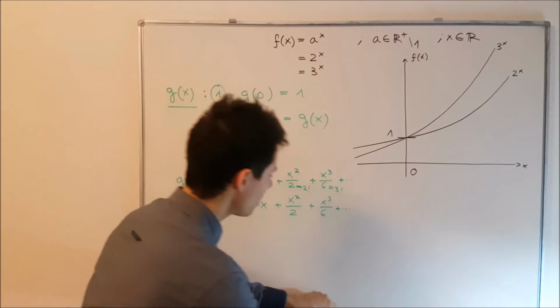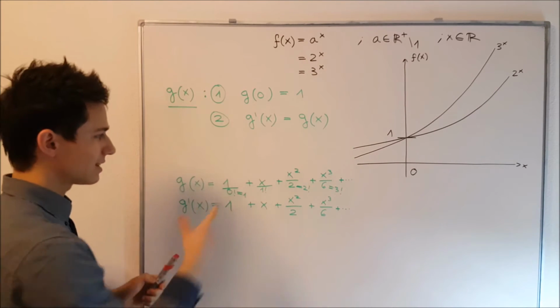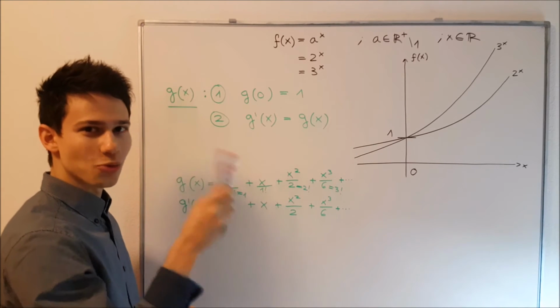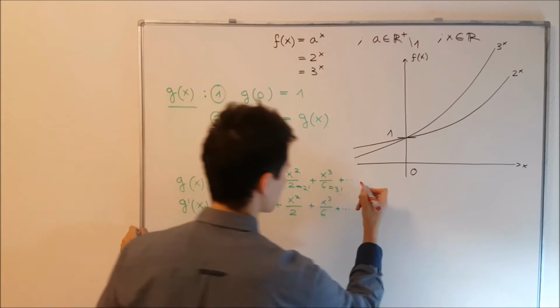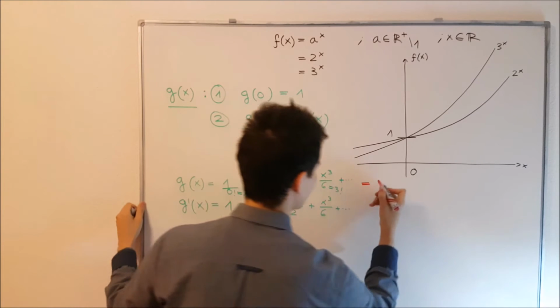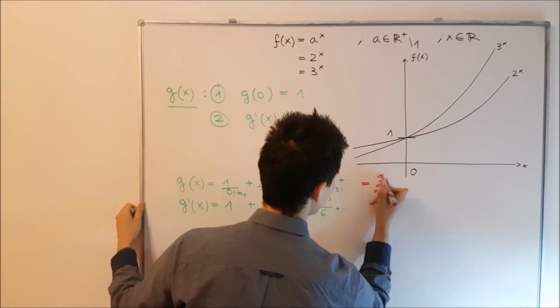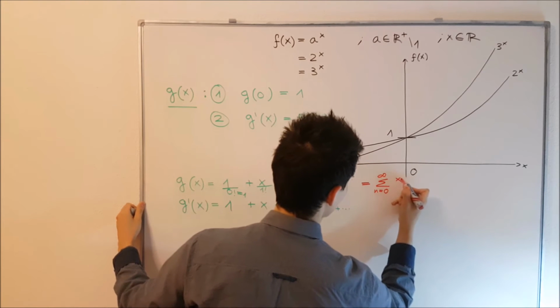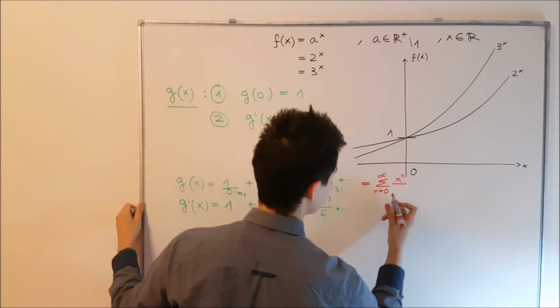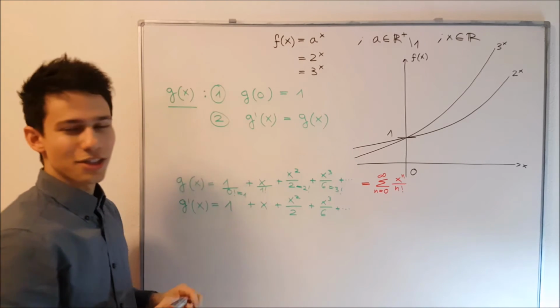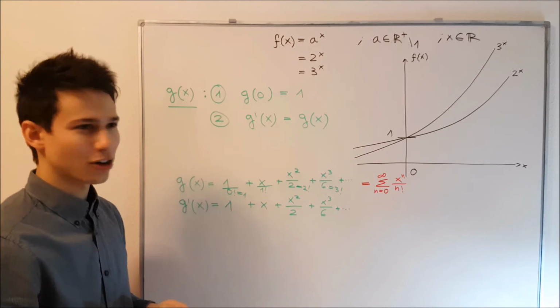And now we can rewrite this g of x as an infinite series, and I'm going to write it in red because this is a very important series. So what we get is the sum from n equals 0 until infinity of x to the nth power divided by n factorial. And this right here, this is the exponential function.